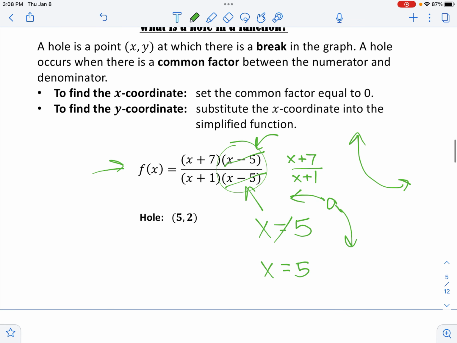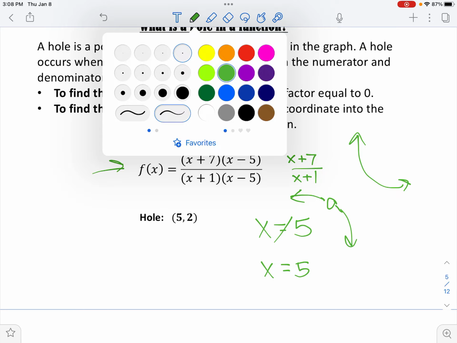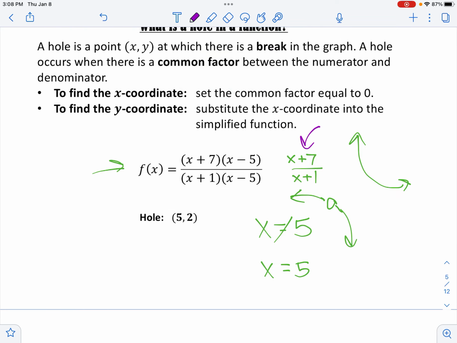And then for my y value, I'm going to substitute it into the simplified function. So if I plug 5 in for x, I'm going to end up with 12 over 6, which is 2.